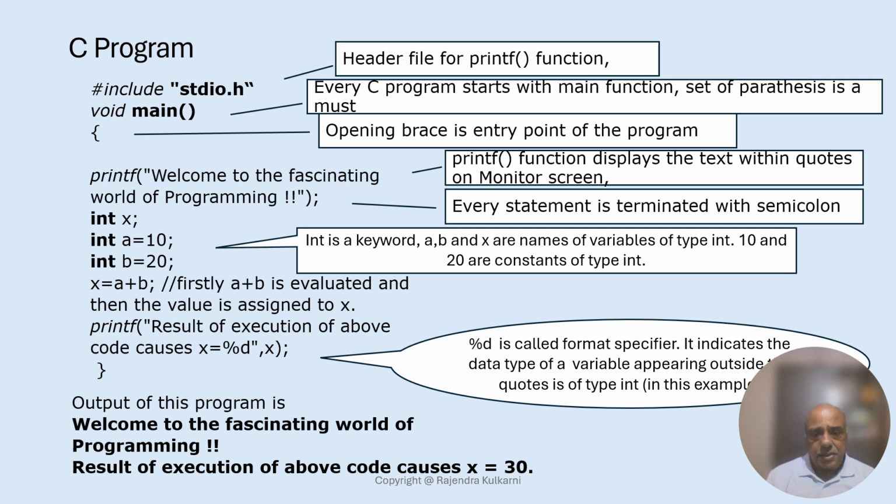For another example, it may be a float. In that case, instead of %d, we will write %f, or if it is a char variable, a character type variable, we write %c. What are constants, variables and keywords? That we will see in the next slide.